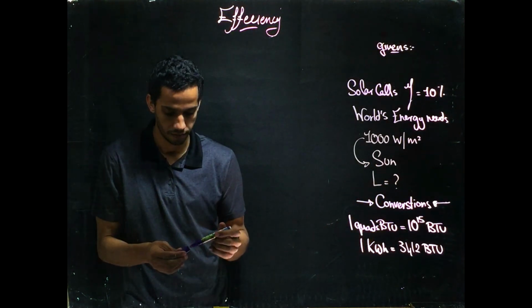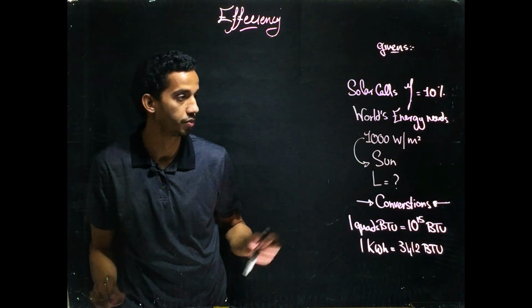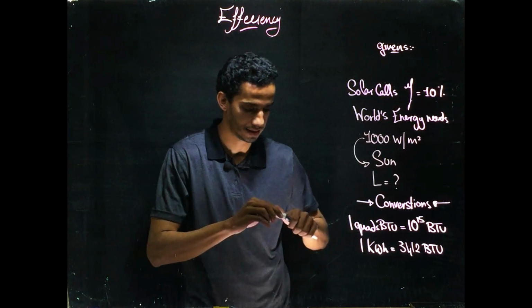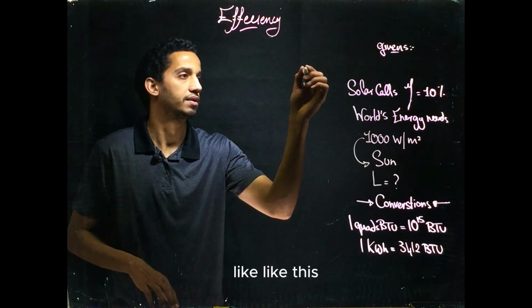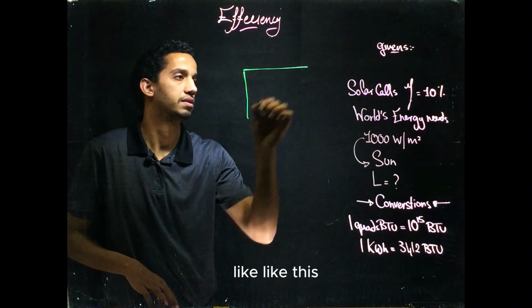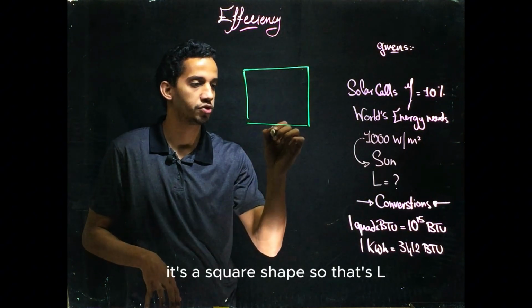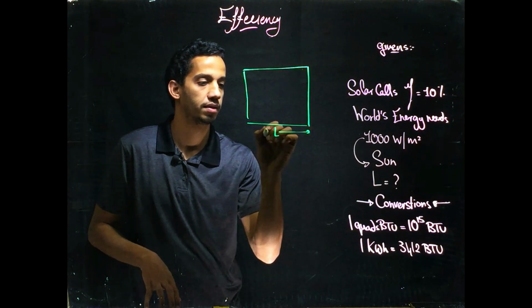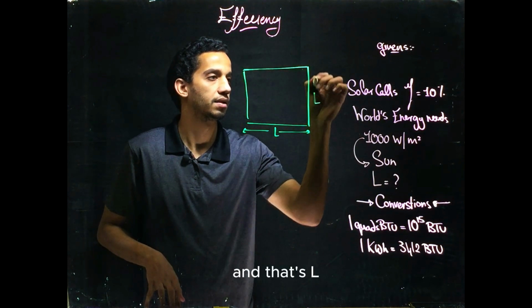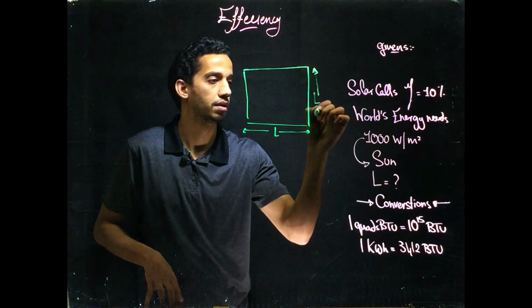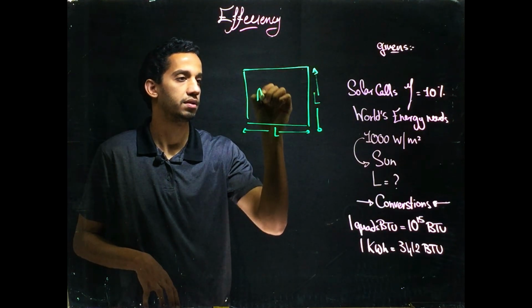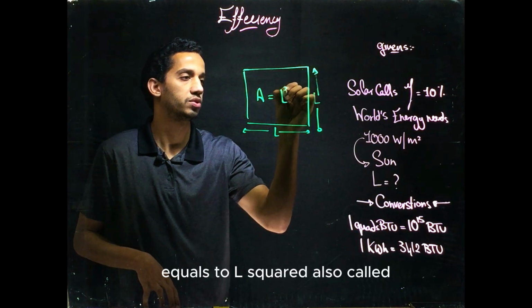So we have a piece of land like this. It's a square shape, so that's L, and that's L, and this area equals L squared.